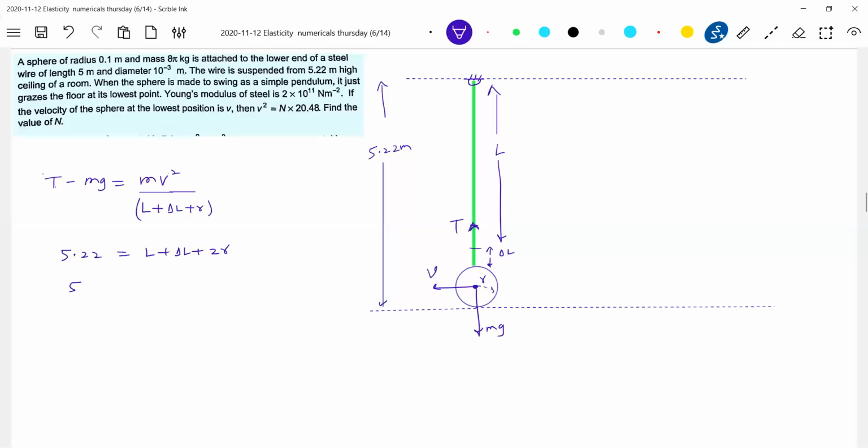Fine. Then if I know the elongation, what is the formula? Young's modulus Y equals T by A over delta L by L, so delta L equals TL by AY. The tension is needed, no?